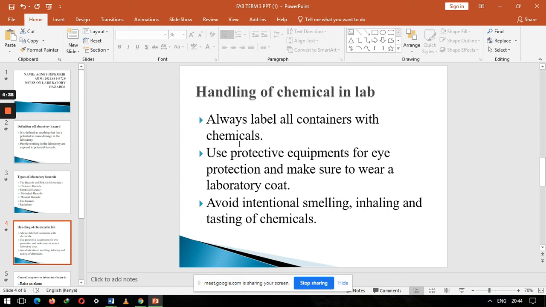Anyone? By using protective equipment. Thank you, Jared. Use of protective equipment is very key in the laboratory. There is no way you are going to enter a laboratory without PPEs, because you have to be well protected.